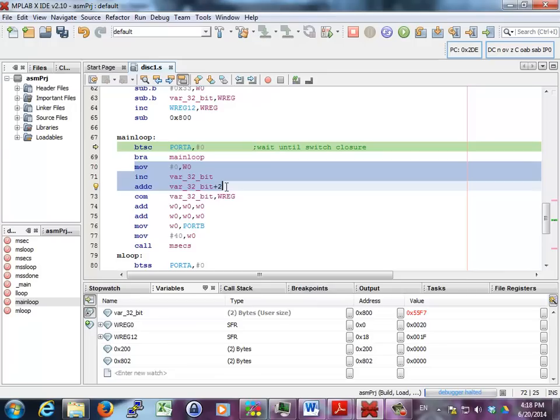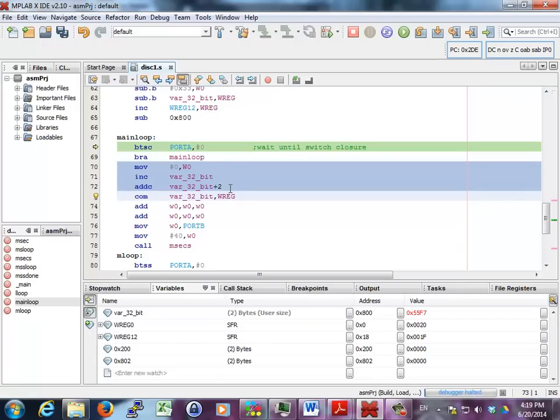The other way was to increment the lower word, which was var32-bit, and then say branch not carry after the next instruction, which was increment var32-bit plus 2. So refer to your notes for what we did here, but essentially this group of 3 lines is doing increment var32. And then you complement it.